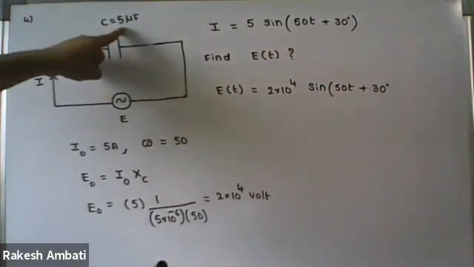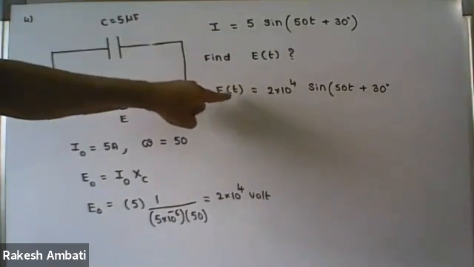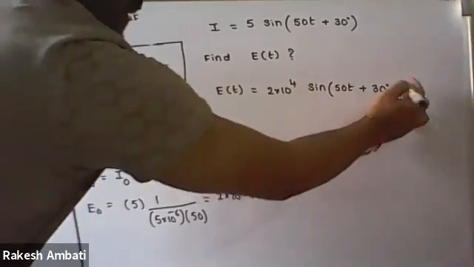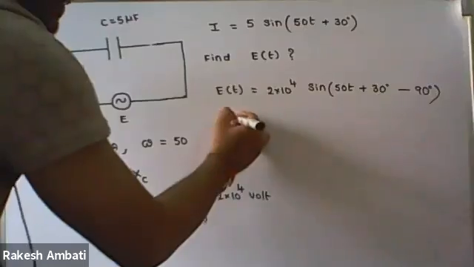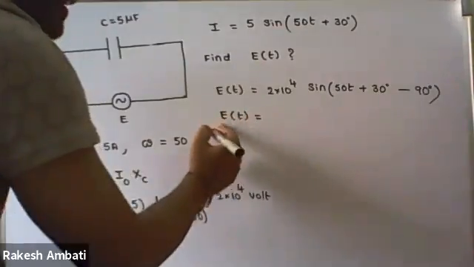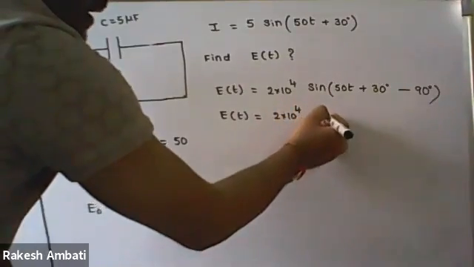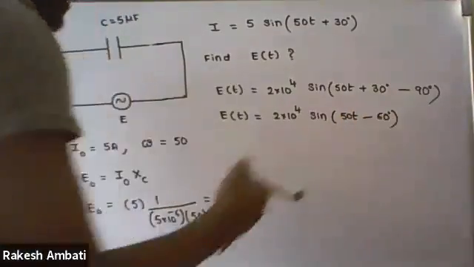But in a purely capacitive circuit, with respect to current, does EMF lead or lag? It lags, so minus 90 degrees. Therefore, the final equation: EMF as a function of time equals 2 into 10 power 4 sine of 50t minus 60 degrees.